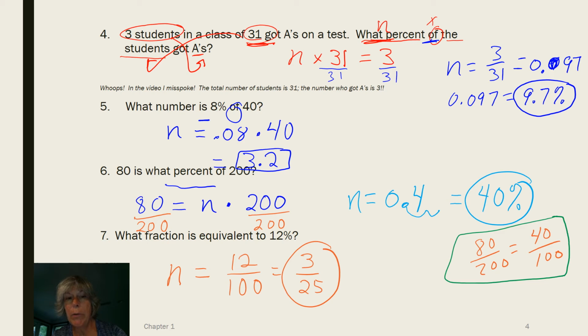And really, they simply would say, well, I put the 80 here, and it's out of 200, and I want to know how much is that out of 100. So that's how you could do a ratio, and then you could just solve it using cross multiplication, 80 times 100 divided by 200, or simply knowing that 80 over 200 reduces to 40 over 100.